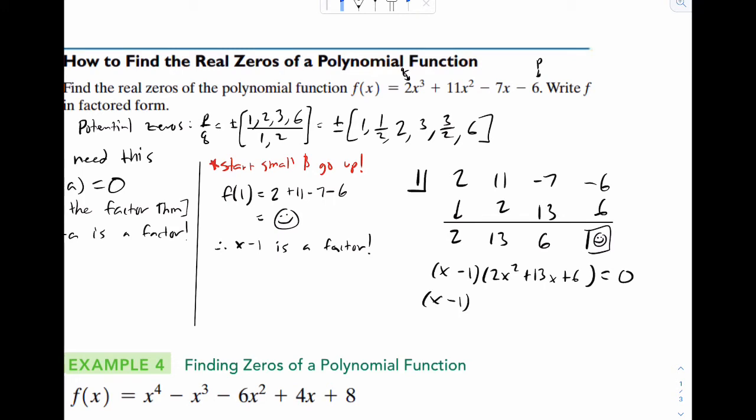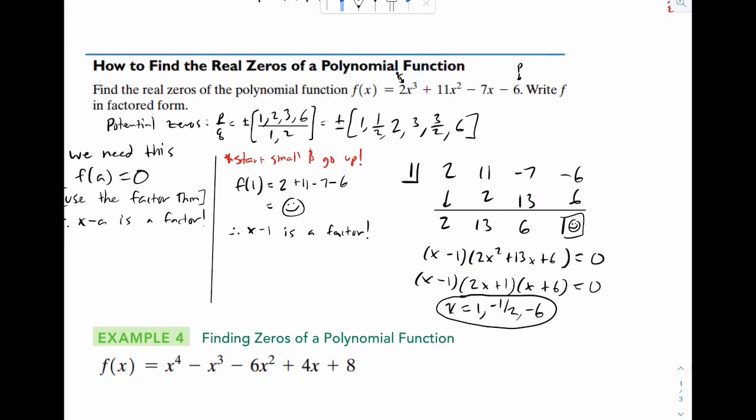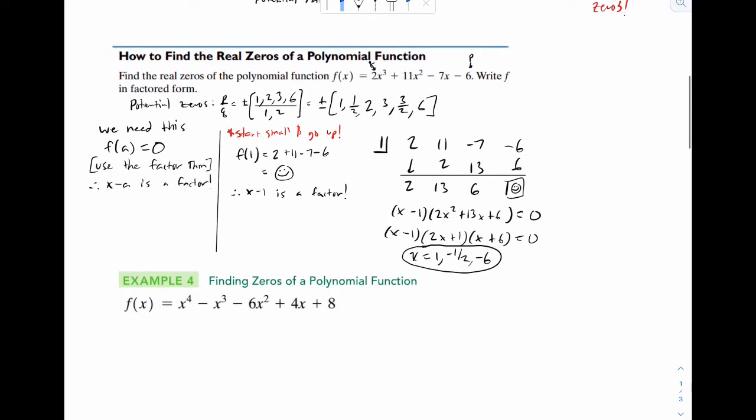So now I have 2x plus 1 and x plus 6. So x must equal 1, negative 1/2, or negative 6. So there are the zeros, and then it also says write f in factored form.